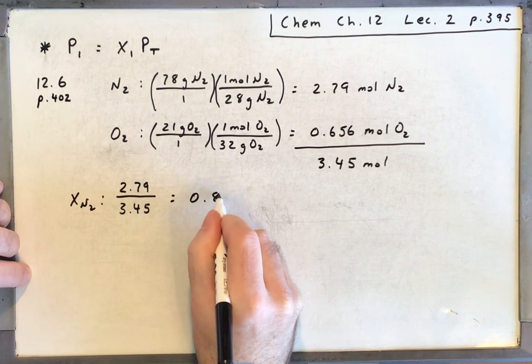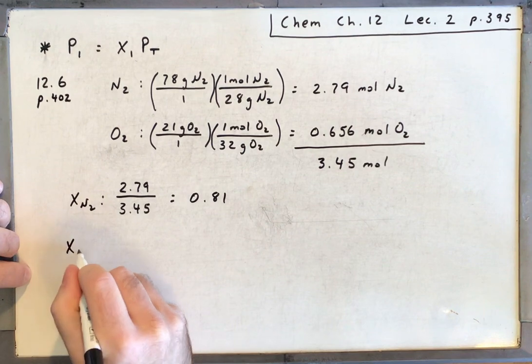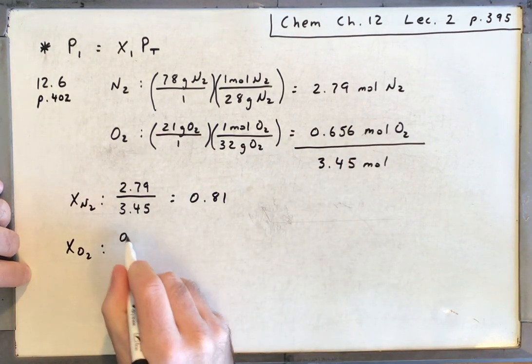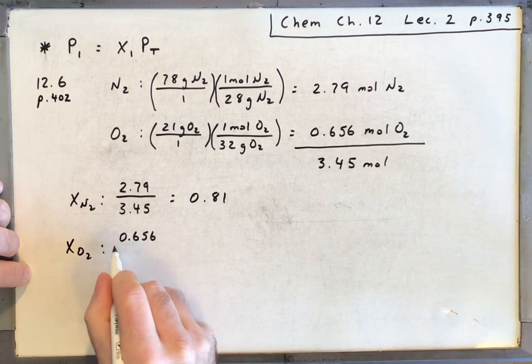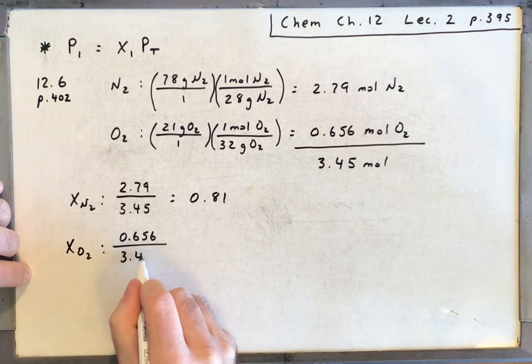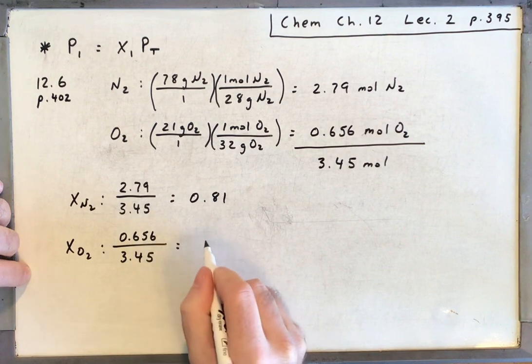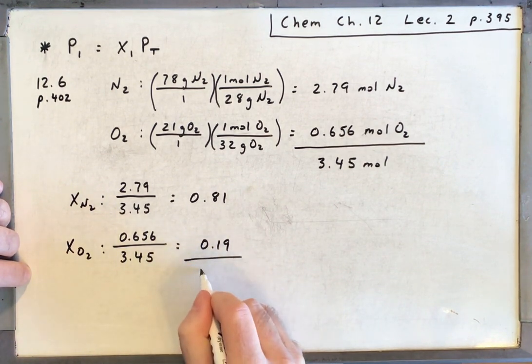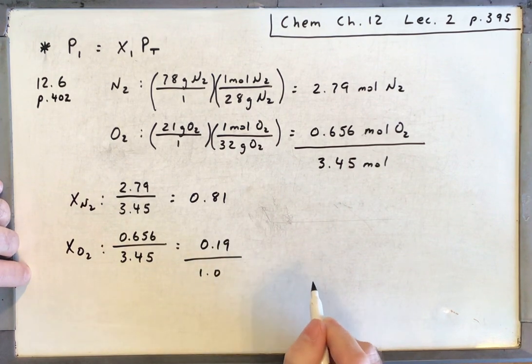I'm going to use that in a second. The mole fraction for O2, you take the 0.656 divided by the total moles, 3.45. That's going to be 0.19. We can check that. That looks right because that adds up to 1.0.